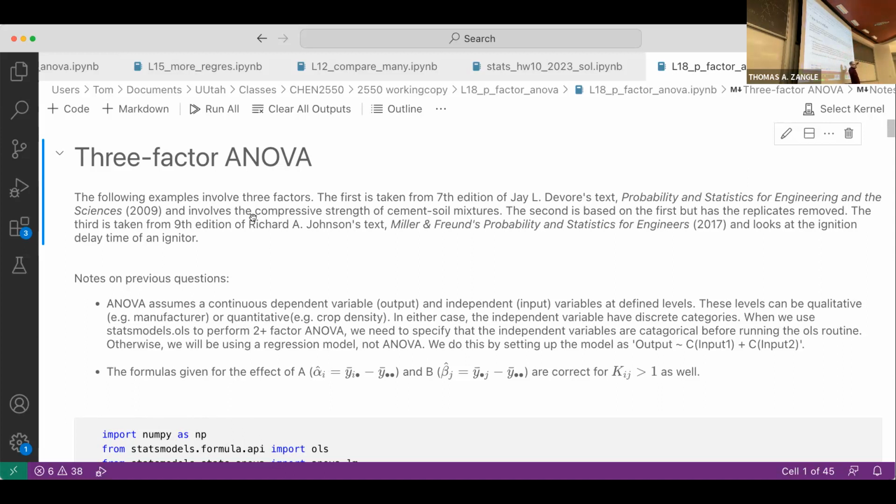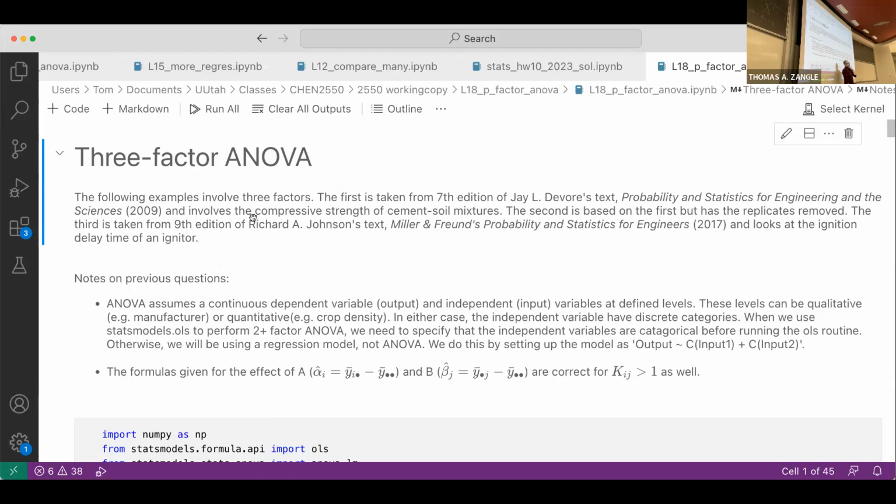You'll notice we also used OLS, for example, in homework 10. So we can use OLS for regression in general. One way to think of it is that ANOVA is a specific case of linear regression where the input variables are categorical. And that's why we have to specify the variables are categorical in OLS in order to basically be doing ANOVA.